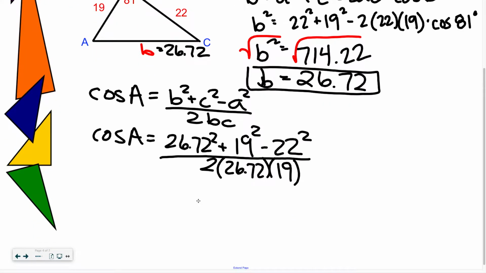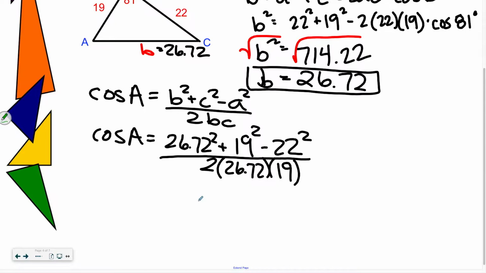Now I know y'all want to type into your calculator, so I do have one little PSA, public service announcement. If you want to type it all in your calculator at one time and just get a decimal to do the inverse cosine of, you can, but you have to be really careful. For fractions, if you have addition or subtraction in the numerator, or addition, subtraction, or multiplication in the denominator, then you need a large group of parentheses.